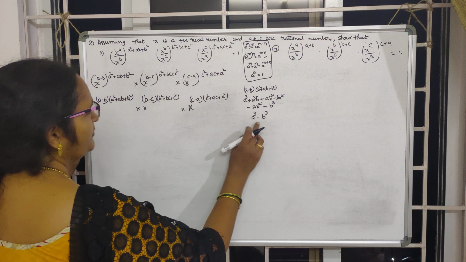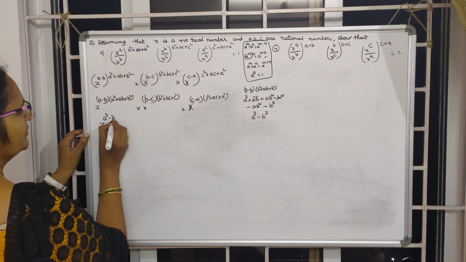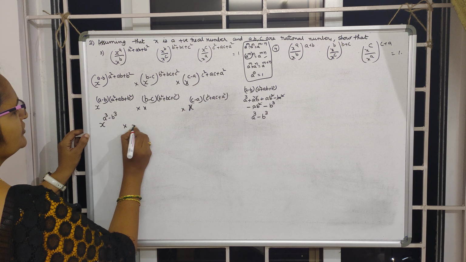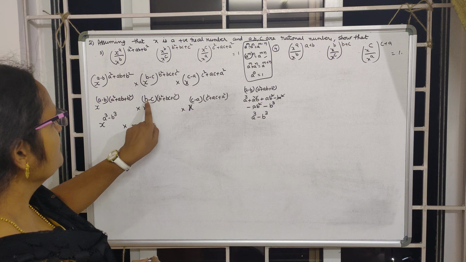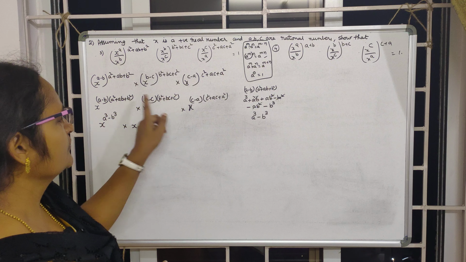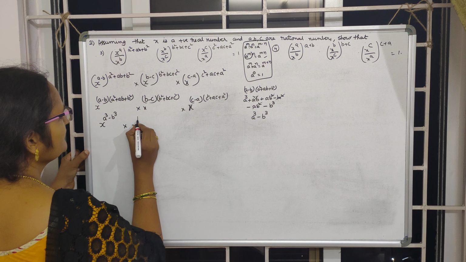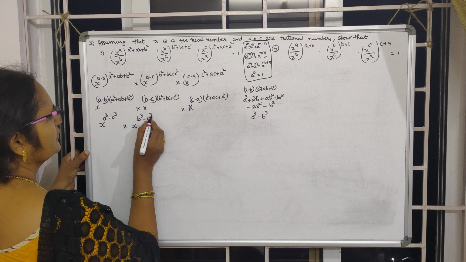Right? So in the place of this one I am writing x^(a³ − b³) times x to the power, same thing, (b − c)(b² + bc + c²). If you multiply also, we will get this one as b³ minus c³.